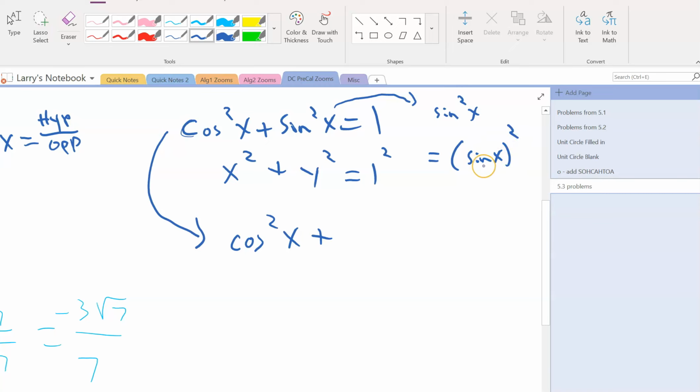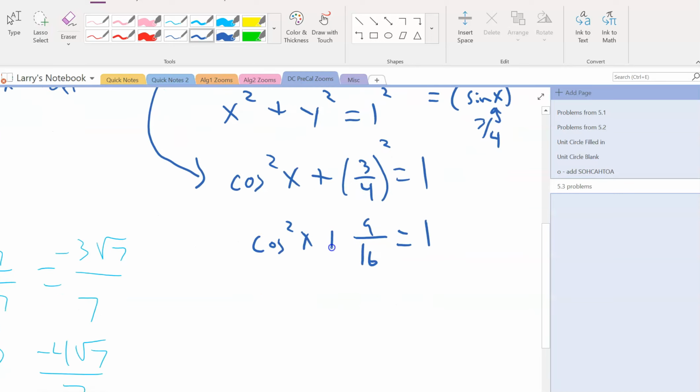In our particular case, sine of x is 3/4. I'm going to substitute 3/4 in there. Okay, so this becomes plus 3/4 quantity squared is equal to 1. Squaring a fraction, you square the top and the bottom. Subtracting 9 over 16 on both sides, we get cosine squared x. If you subtract 9 over 16, you're left with 7 over 16.